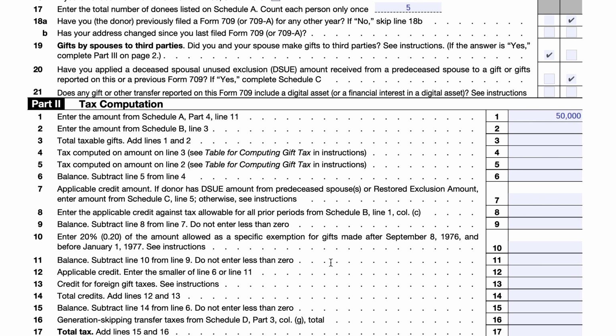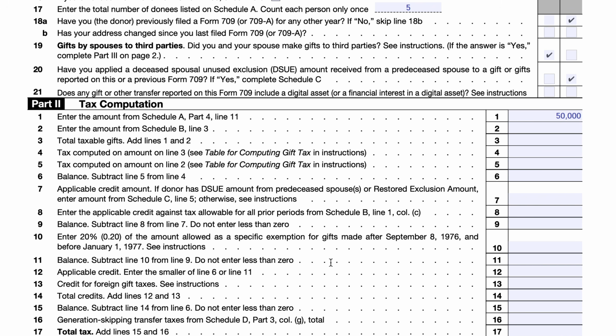The reason this form forces you to do it this way is because each year has a different exclusion amount, and this type of calculation is easier done when you walk through it in this manner.